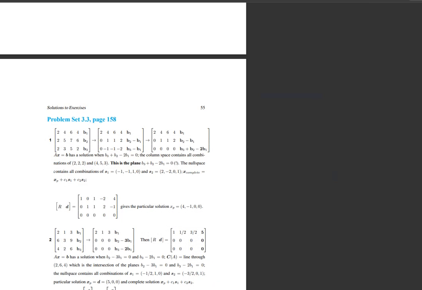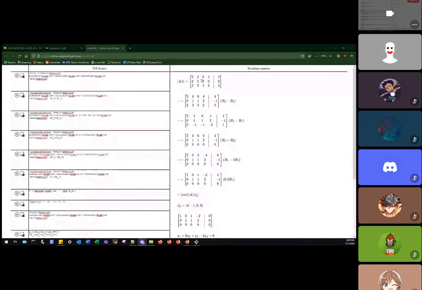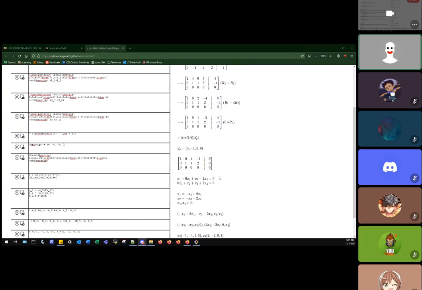So in short, what we want to do is find the reduced row echelon form of the matrix, and at the same time find the particular solution by augmenting the matrix with b, and then that will give you the reduced row echelon form.